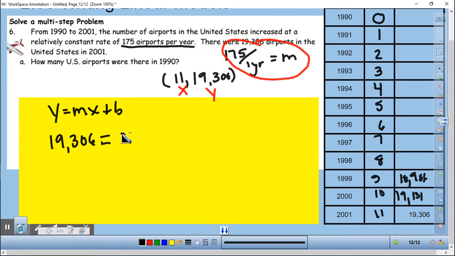That is equal to my slope, which is 175, times my x, which is 11, plus my b, which I do not know, and golly ding, that's what I'm trying to find. So I'm going to plug that in. 11 times 175. Let's do that math. 11 times 175 is equal to 1,925.